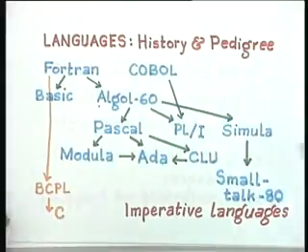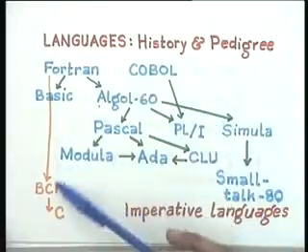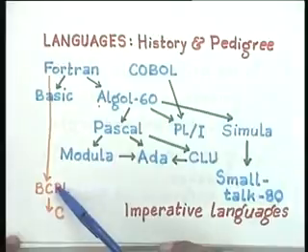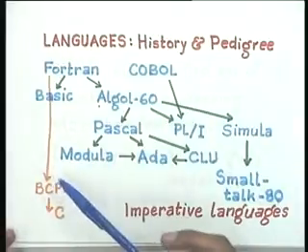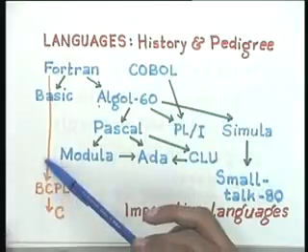Somewhere in a parallel stream, marked by this orange, you have BCPL and C. Actually BCPL was a transformation of a language called B, which itself was a transformation of a language called A, and C was derived from BCPL by modification.